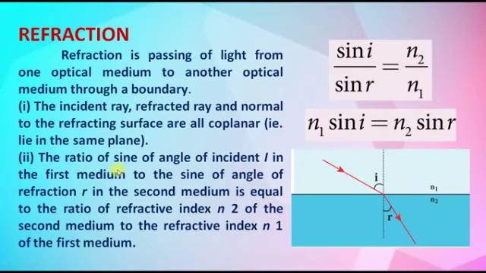Next point: the ratio of the sine of the angle of incidence I in the first medium to the sine of the angle of refraction R in the second medium is always equal to the ratio of the refractive index N2 of the second medium to the refractive index N1 of the first medium.